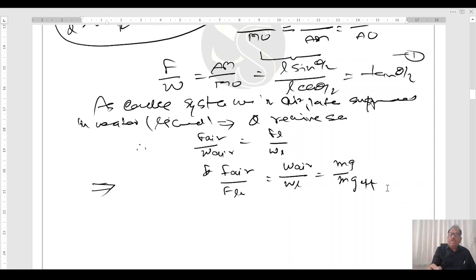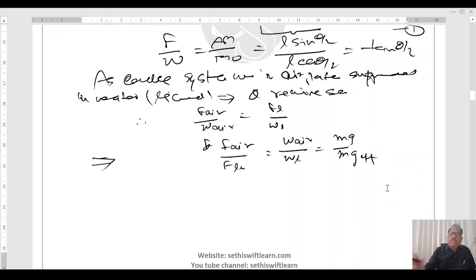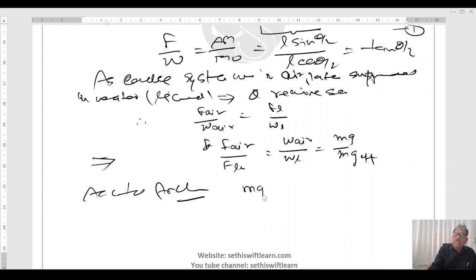To find g effective, apparent weight m g effective will be equal to weight m g in air minus upthrust, V density of liquid into g. V means volume of the body inside.